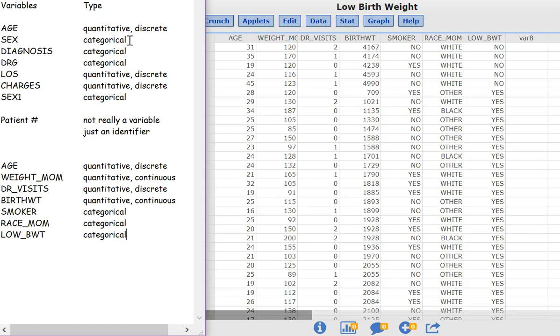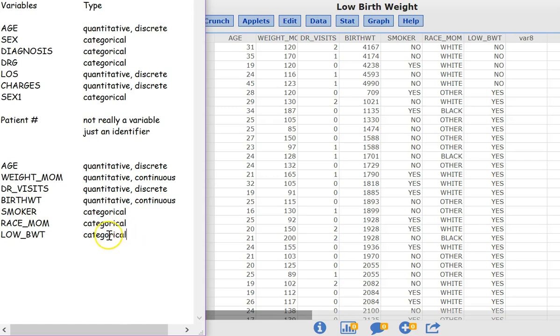One of the reasons that this is really important is that we will do different things with variables depending on whether they're categorical or quantitative. So if we have a quantitative variable, we can do things like find averages, means, medians, standard deviations, those kind of numerical statistics we can find. If it's a categorical variable, then we can't do those things. We tend to do different things like look at percentages.